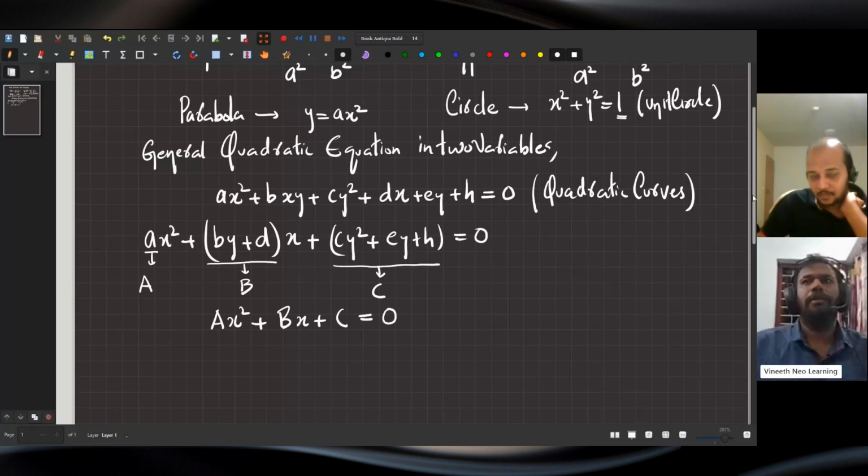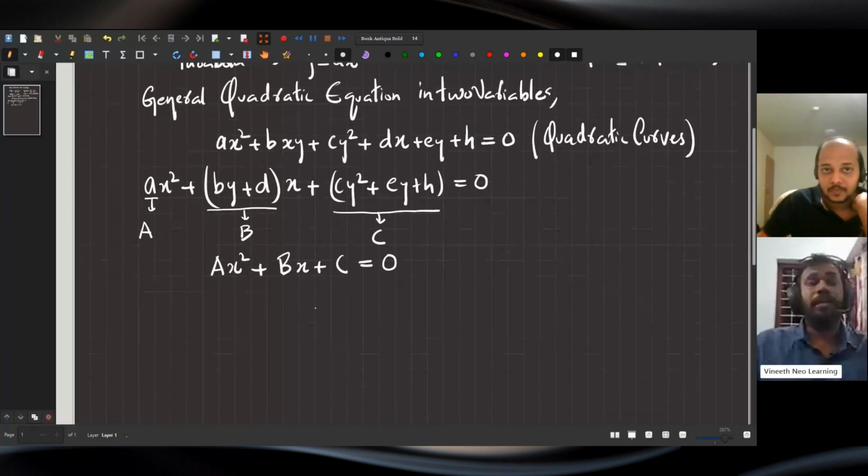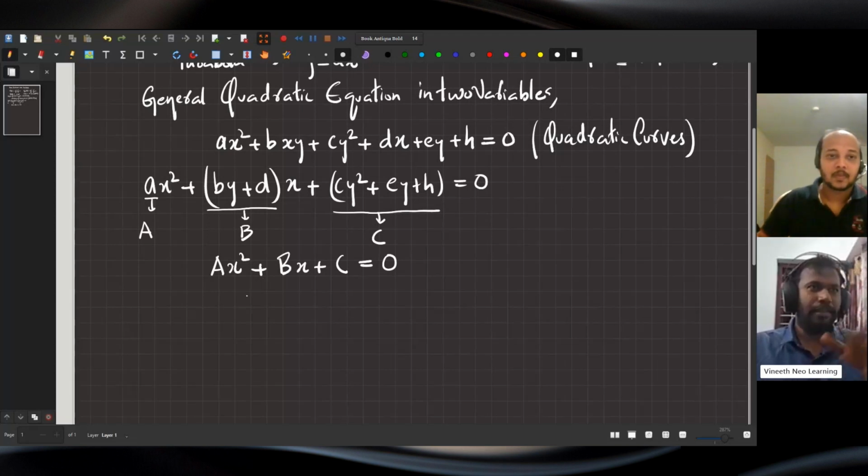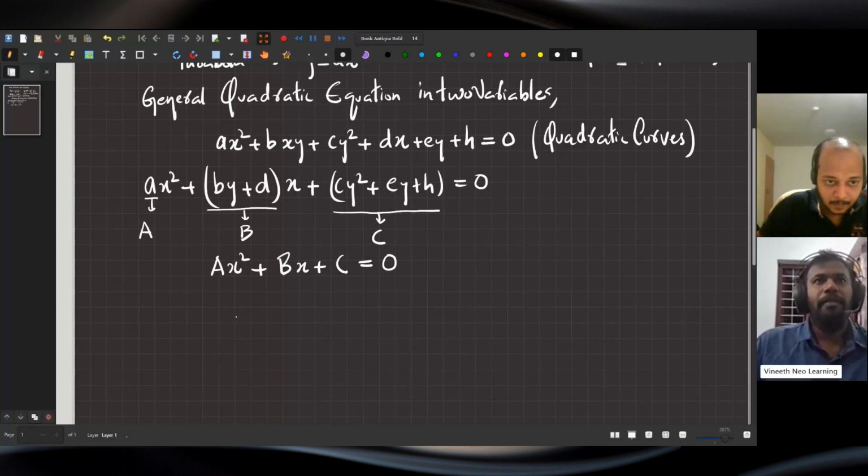Now we have got a solvable equation. We know how to solve this equation. But remember, these B and C are not constants; they are functions of y. But A is a constant. This looks like an equation in x, but actually it's a rearranged form.